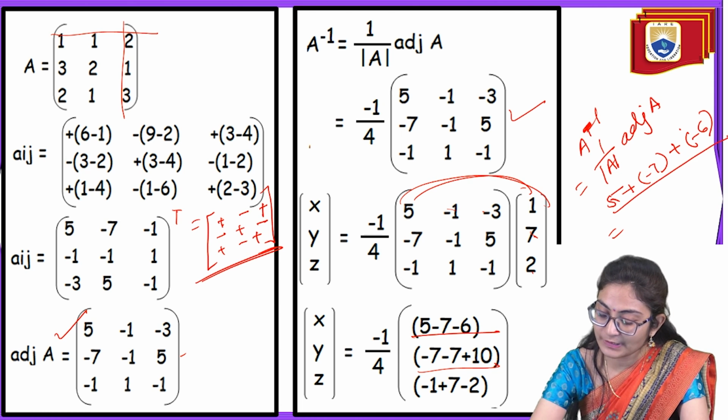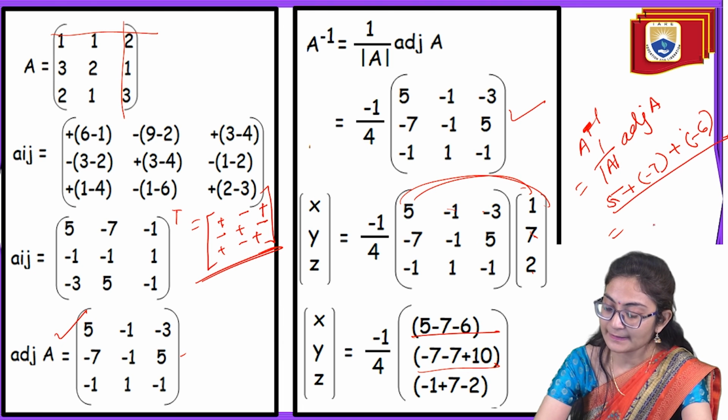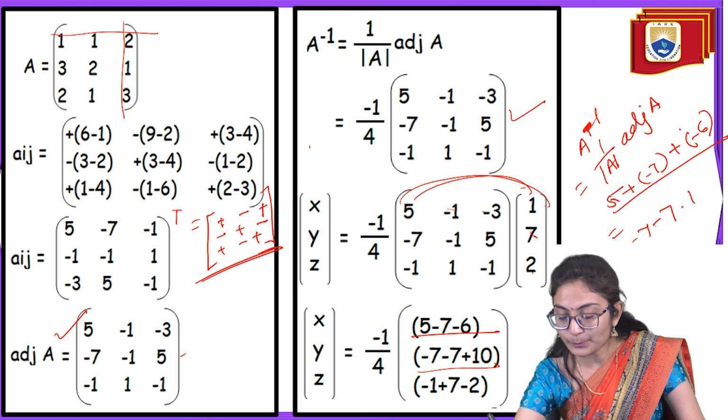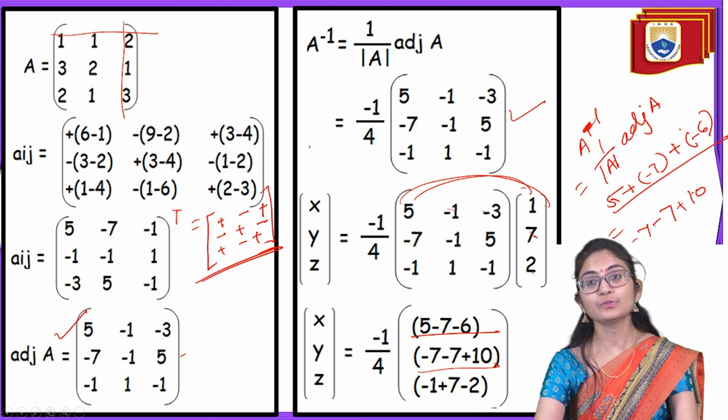Now you have to solve this. After that, minus 7 into 1, minus 7, minus 1 into 7, minus 7, and 5 into 2 is equal to 10.